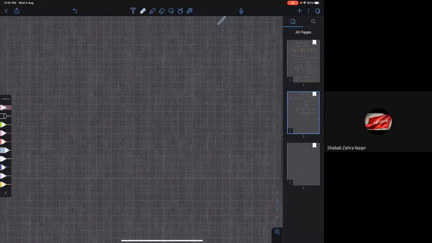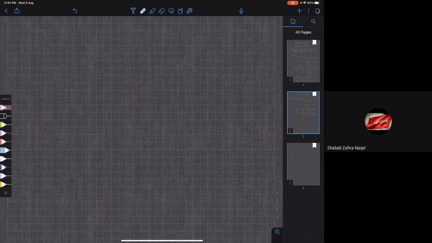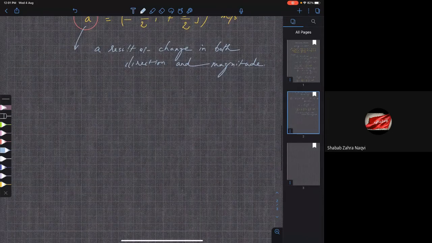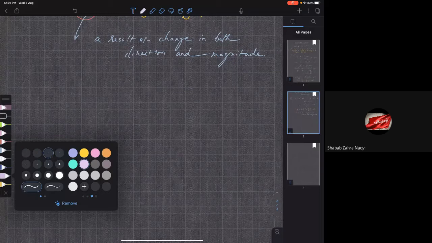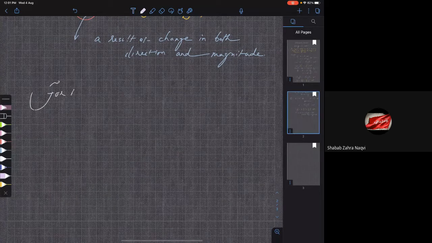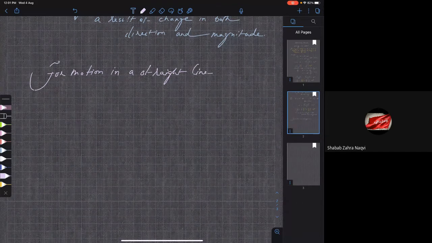Now there are certain things that are confusing, just in the definitions. The confusion is this: for motion in a straight line, the other name is linear motion.